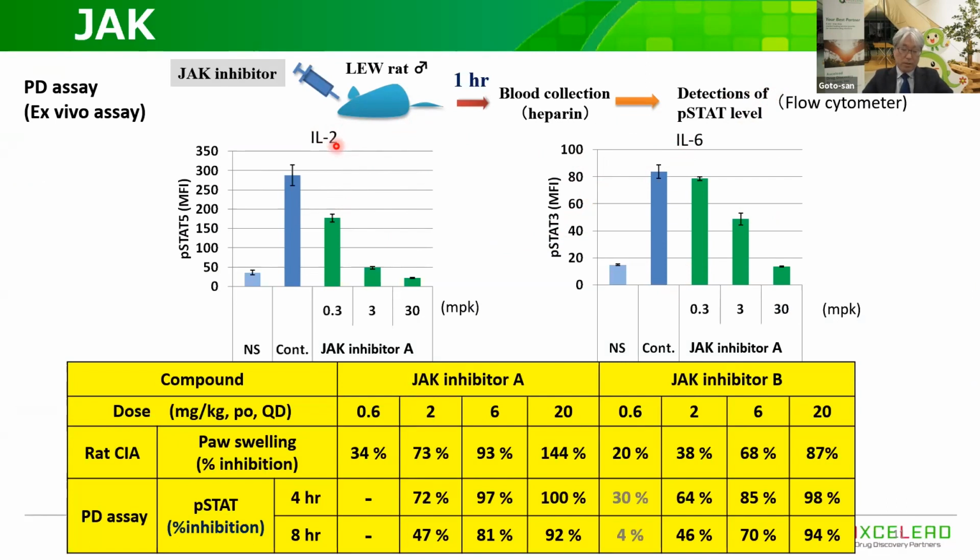And this inhibition rate of STAT phosphorylation indicates a good correlation with the inhibition of paw swelling induced by collagen in the rat arthritis model. The clinical development of JAK inhibitor was being carried out using this relationship.